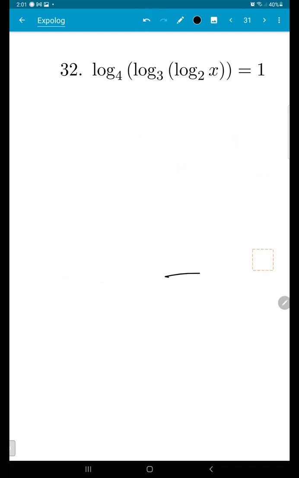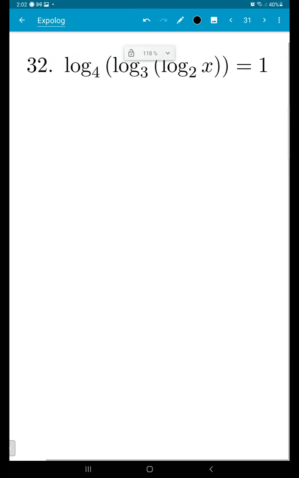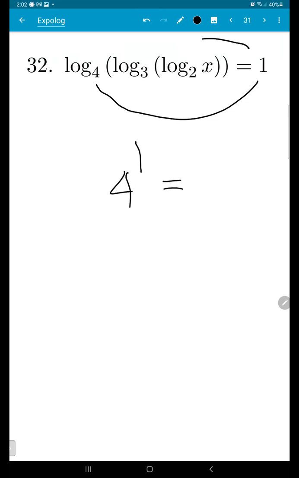So if we apply that to this problem, we raise 4 to 1, and that would be equal to the expression inside the logarithm there. So if we rewrite, we will have the following.